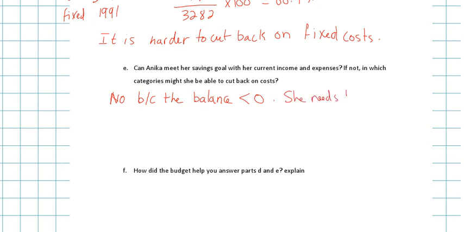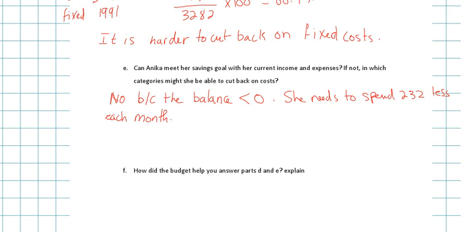Where do you think she can cut? I would say the personal stuff. Like what kind of personal stuff can she cut? Clothing. So she can cut on the personal line, clothing. She can buy every 2 months, not buy every month. What else?